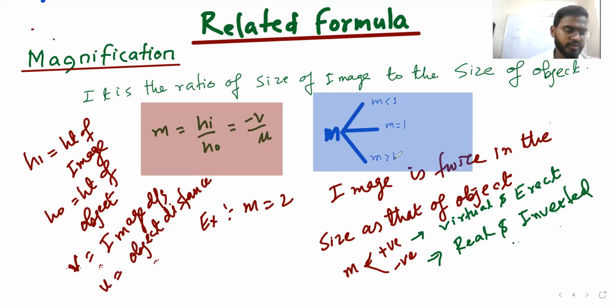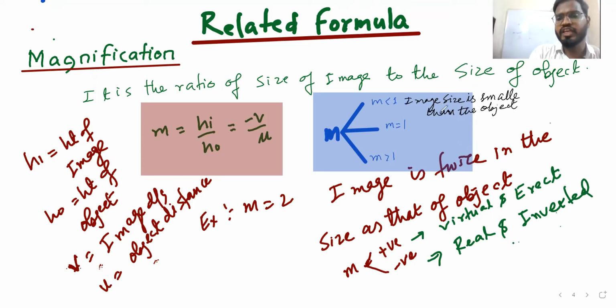If it is less than 1, the image size is smaller than the object.